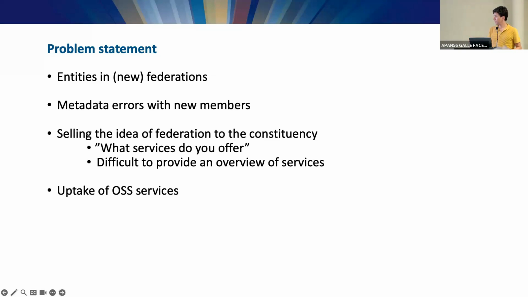The last problem on this slide is the uptake of open source software services in general. That has not much to do with federation per se, but I really think that identity federations can help with the uptake of open source software services.